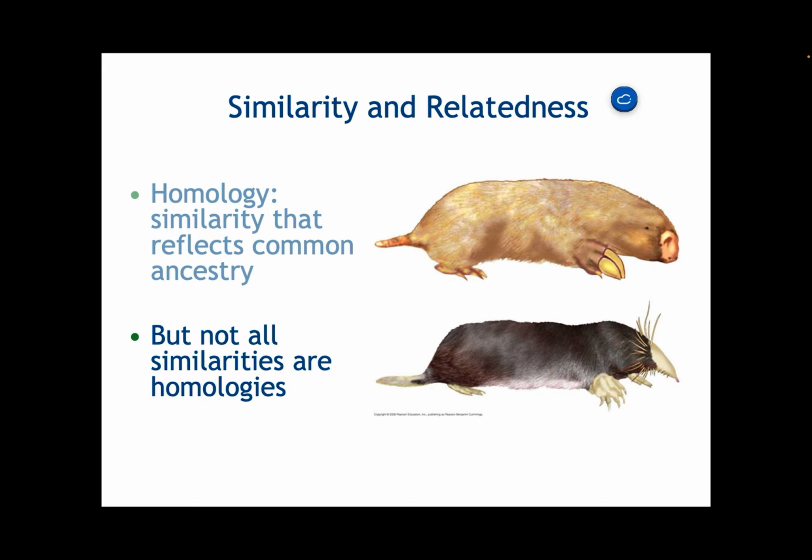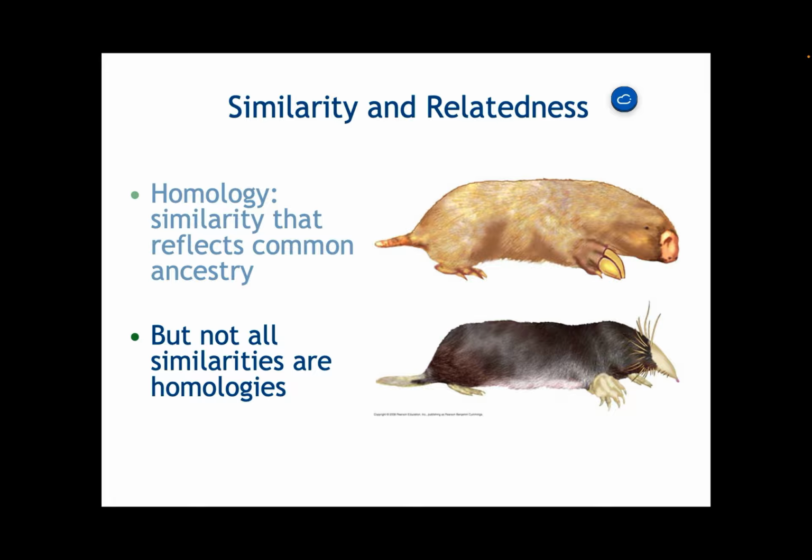They have some traits in common, like really, really tiny eye size and big flippers and claws that are well adapted to digging. But the reason they have those in common is not because the most recent common ancestor of these two things had those traits. The most recent common ancestor of these two things probably looked nothing like either of them and lived like 140 million years ago.